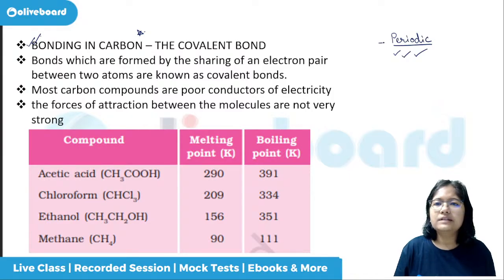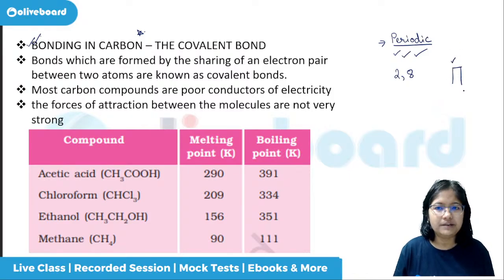Similarly, for the periodic table elements, they also want to be stable and want to achieve the noble gas structure, the group 18 in the periodic table.